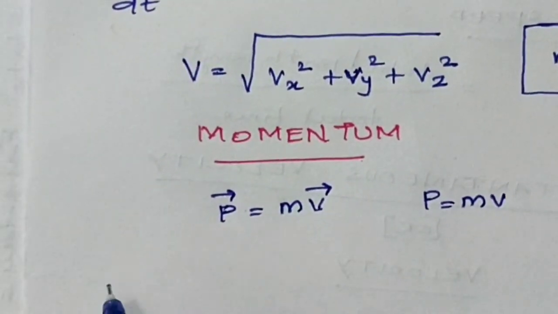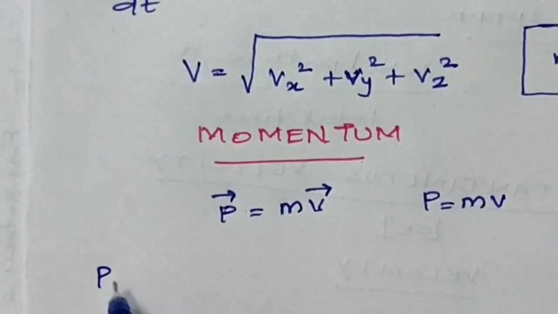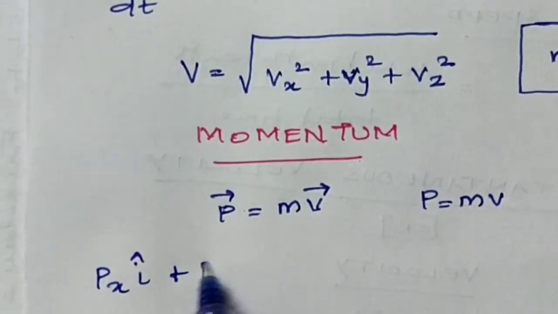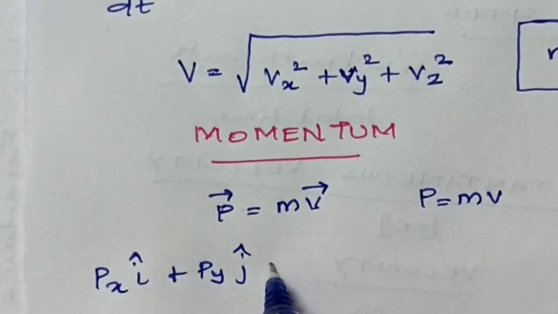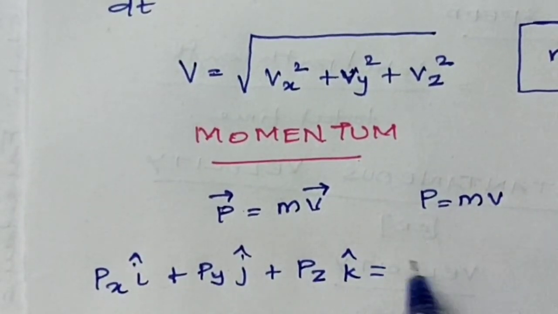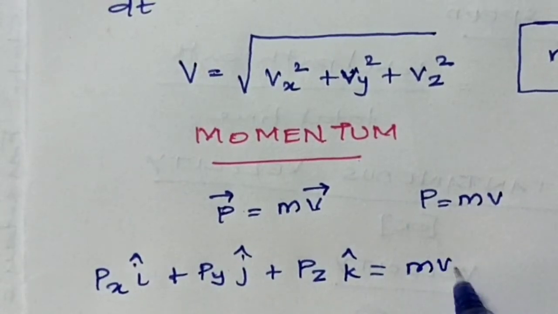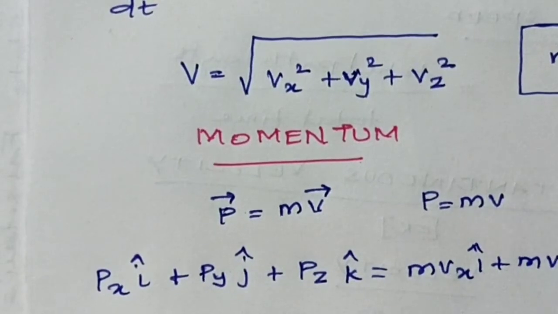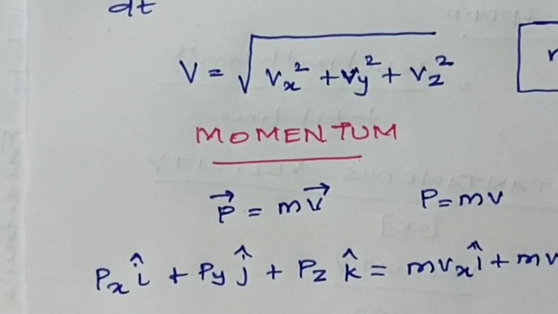In component form, it is px i cap plus py j cap plus pz k cap, that is, m vx i cap plus m vy j cap plus m vz k cap.